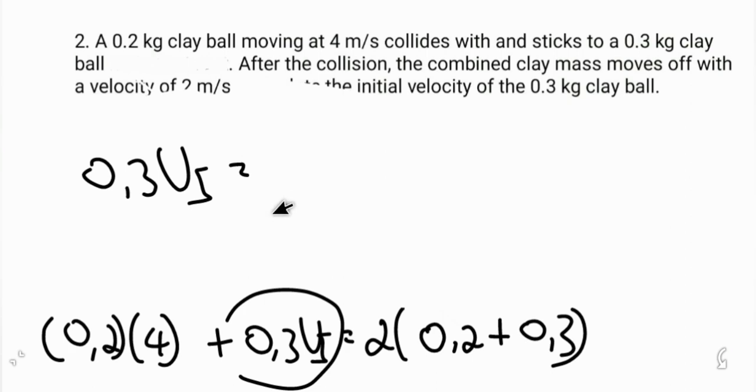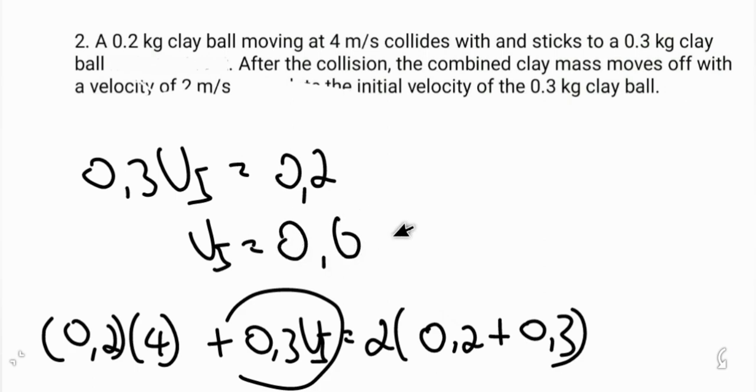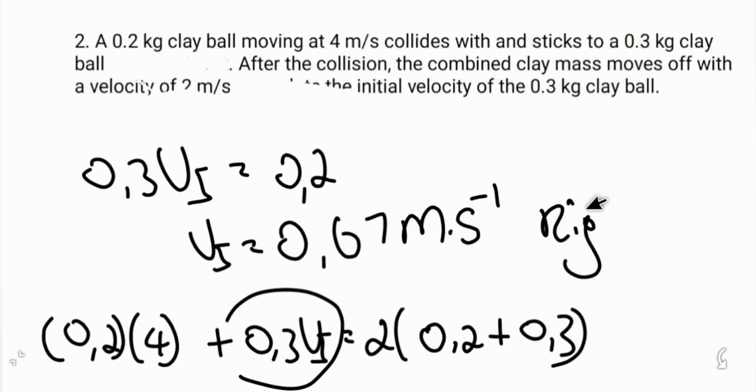We're going to be left with positive 0.2. Divide both sides by 0.3, and then our final answer is 0.67 meters per second. That means the object was moving to the right but at the lowest velocity.